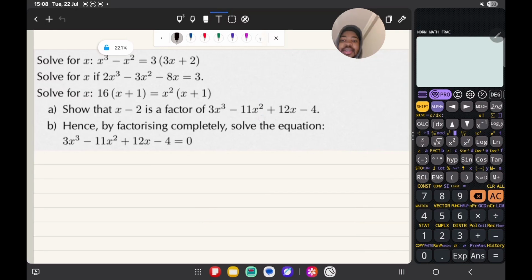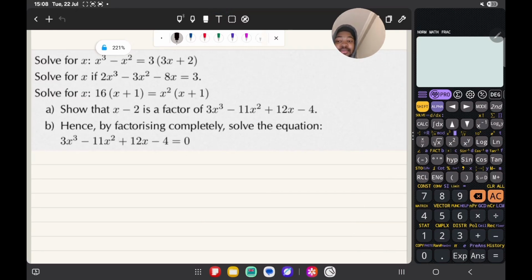Let's continue. Show that this x minus 2 is a factor of our polynomial. Let me define my polynomial to say this is a of x, right?